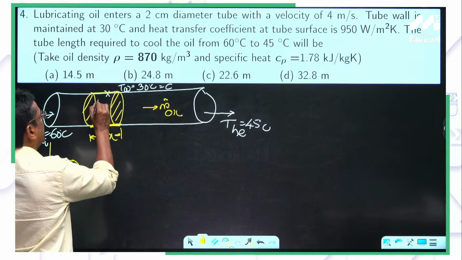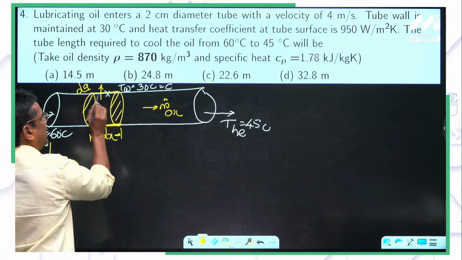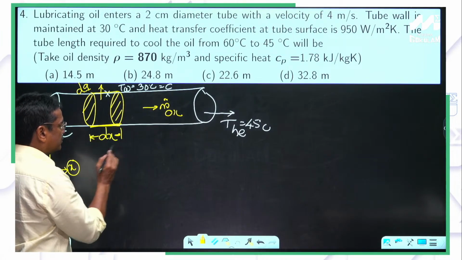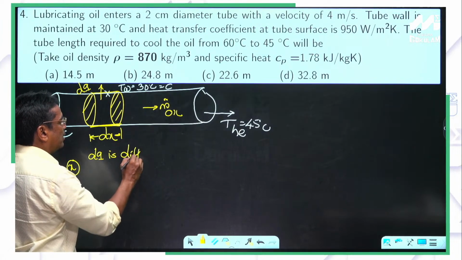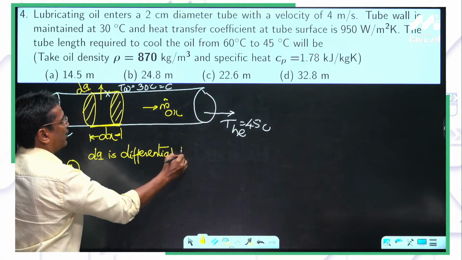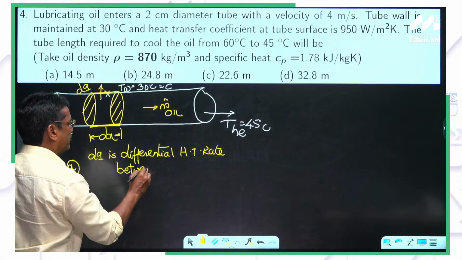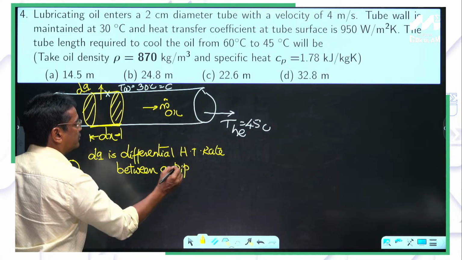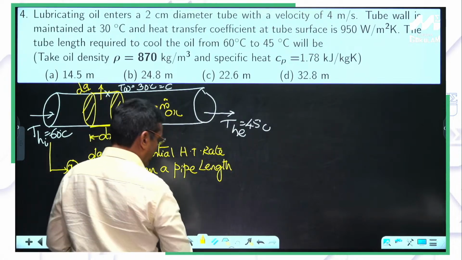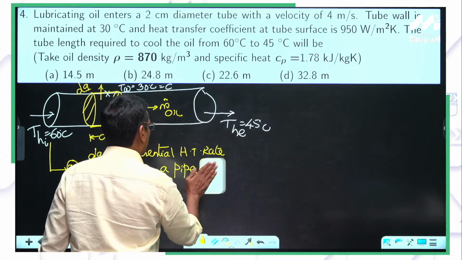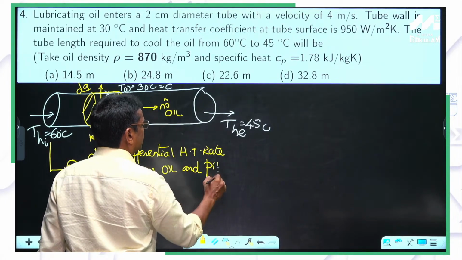If dq is the differential heat transfer rate between the oil and the pipe for a length of dx.